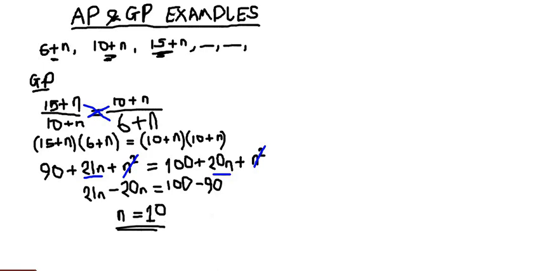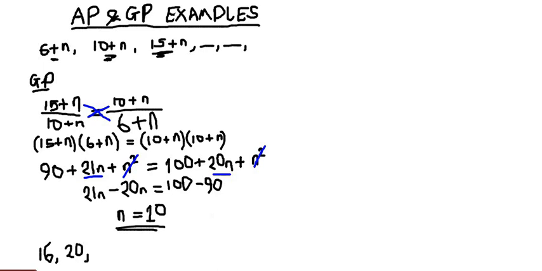So that is the value of n, meaning that our terms are 6 plus n, which is 6 plus 10, which means the first term of this GP is 16. The second term is 10 plus n, meaning 10 plus 10, which is 20.